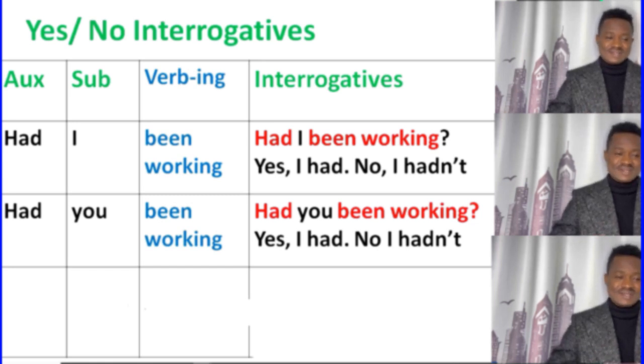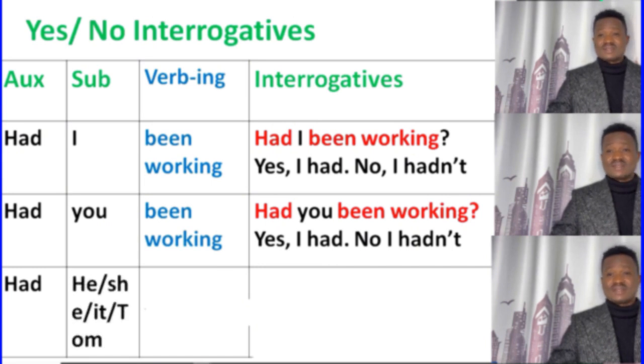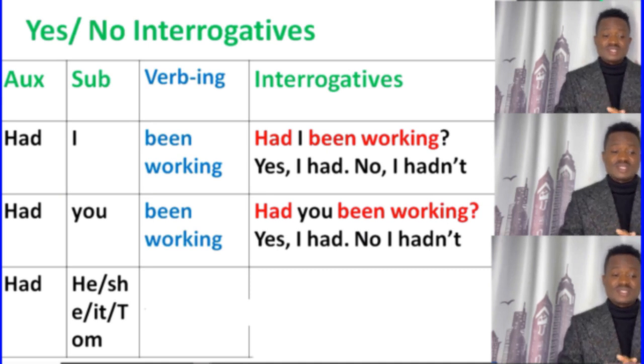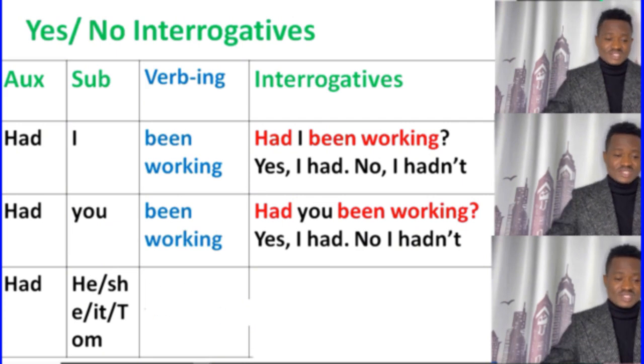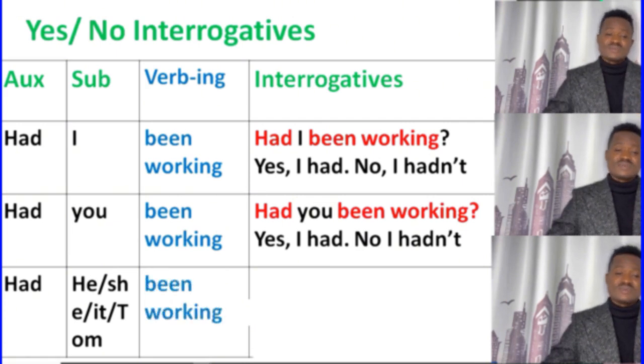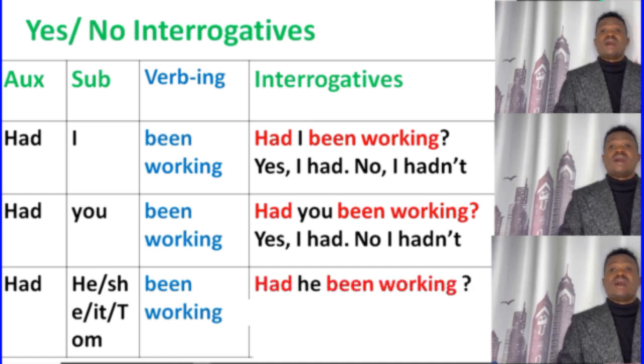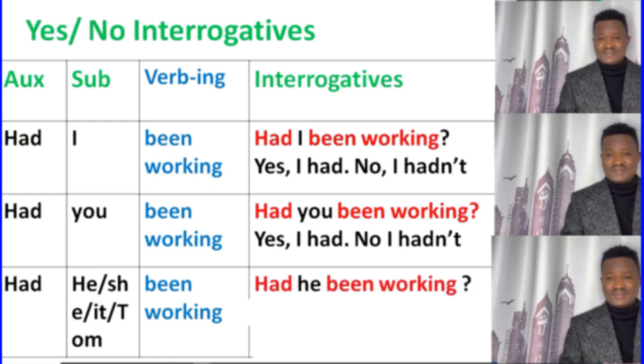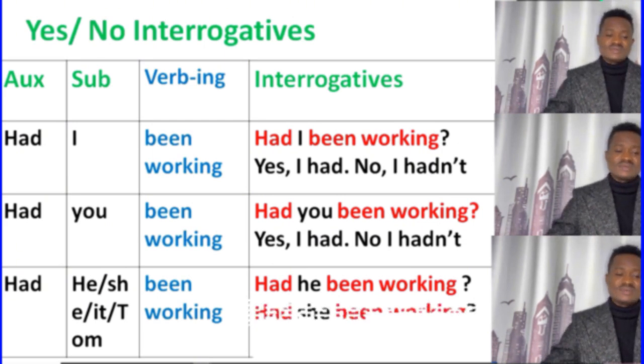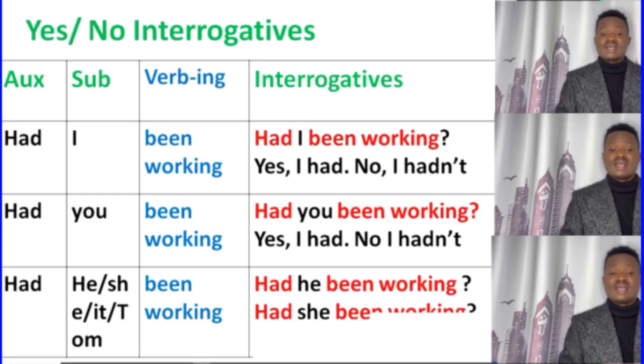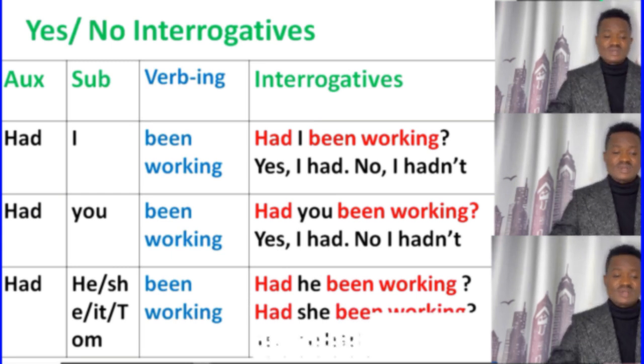Okay, guys, let's go. Now we're going to talk about the third person pronouns: he, she, it. Then Tom is a noun. We have ing as be walking. So the interrogative form is going to be what? Had he be walking? The other way you can say, had she be walking? So the response is going to be what?